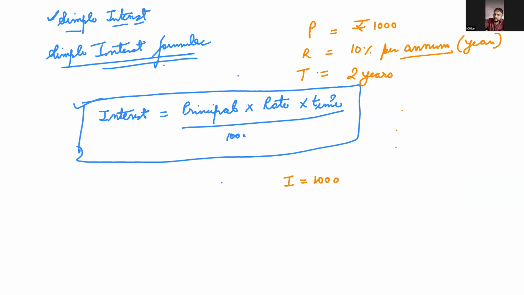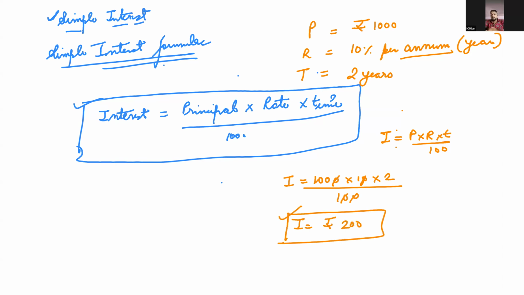The formula is I equals P into R into T by 100. So P is 1,000 into 10 into time 2 upon 100. When I calculate it, it is 200 rupees. Interest is 200 rupees.